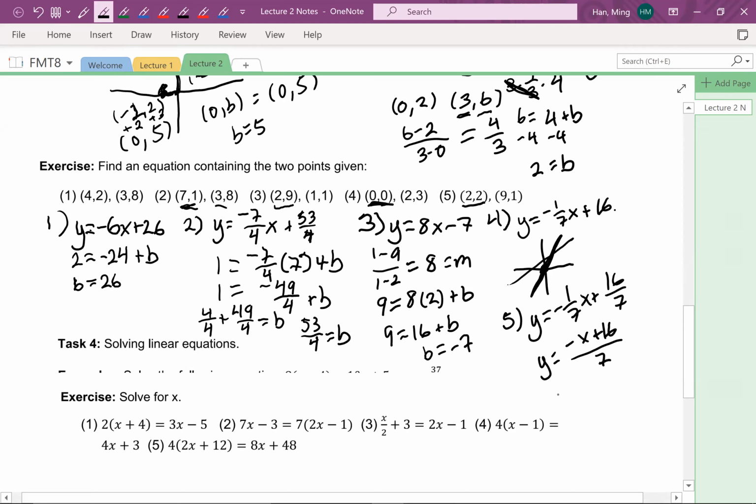So we could do 2 is equal to negative 1 over 7 times 2, and then plus b, and then you get 2 is equal to negative 2 over 7 plus b.